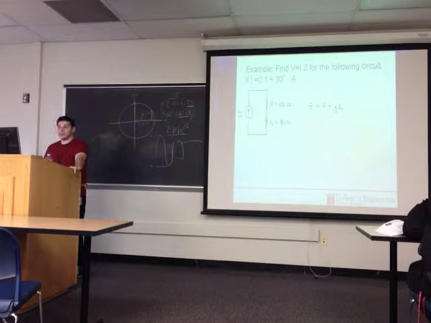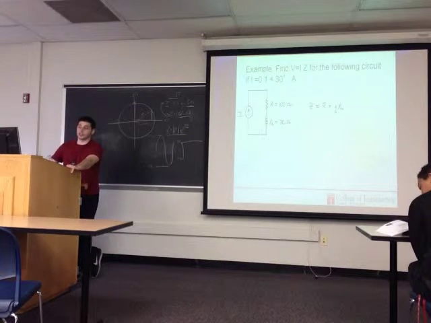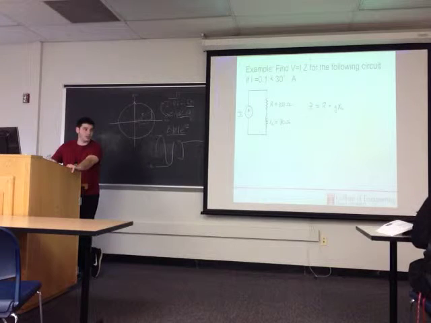And we know what Z is. From the previous problems, we know that Z, the impedance, is the impedance of the resistor plus the impedance of the inductor. So it's 130.